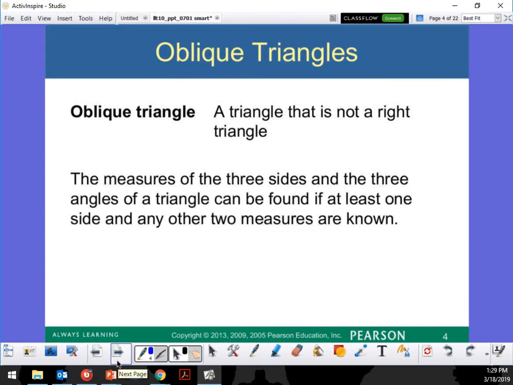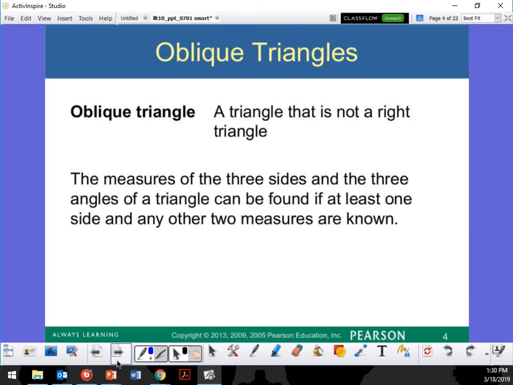Oblique triangle: a triangle that is not right. The measures of the three sides and the three angles of a triangle can be found if at least one side and any other two measurements are known. One side and two other measurements.